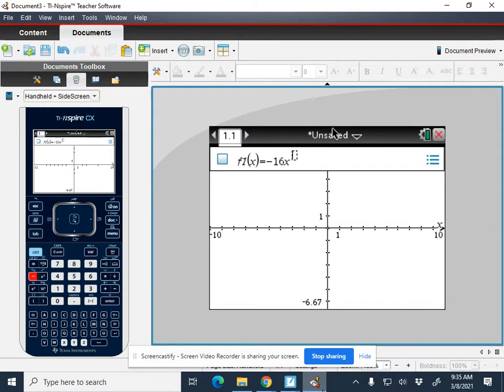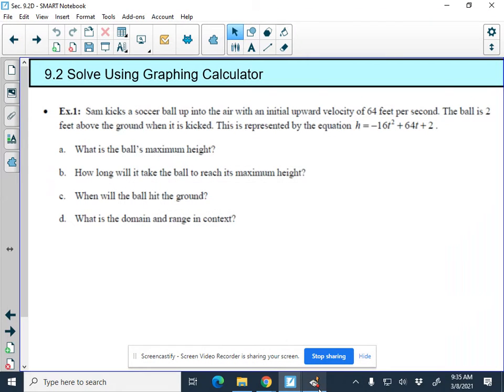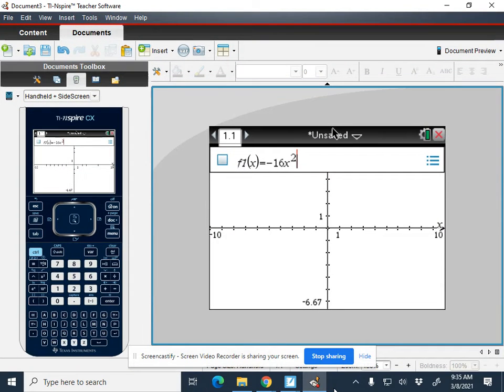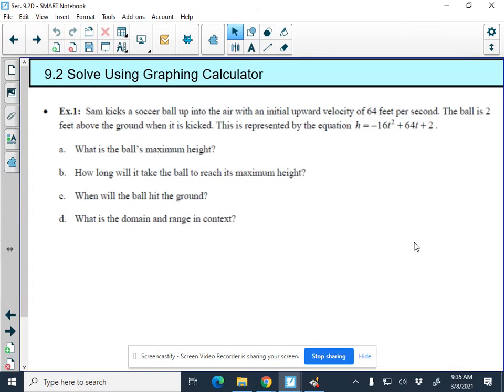We're going to put x squared plus 64x plus 2.